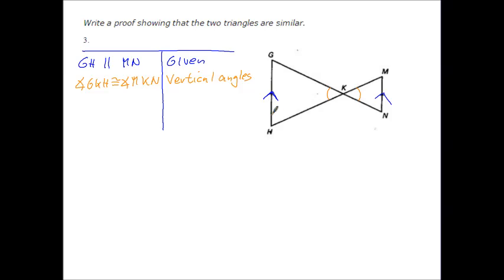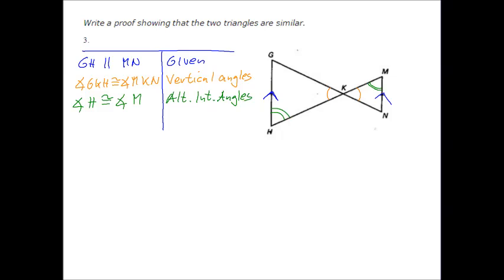I'm just going to go with angle H, which is the alternate interior angle to angle M, and alternate interior angles are congruent. So we got angle H congruent to angle M because they are alternate interior angles. And now we have two congruent angles, and that's all we needed.